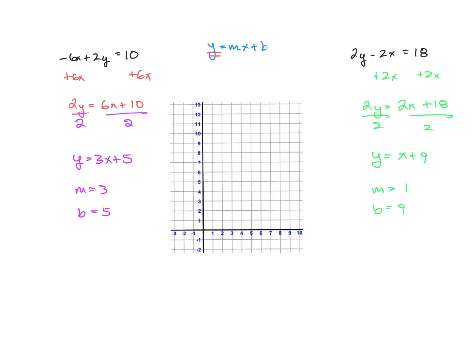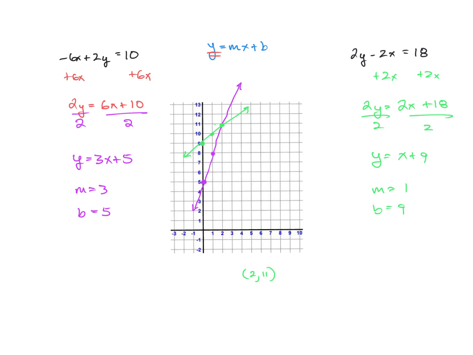We could graph both. Start at 5, go up 3 over 1, up 3 over 1, giving ourselves a line. Then same with the other line, start at 9, go up 1 over 1, up 1 over 1. We see again an intersection, that intersection being 2 and 11.